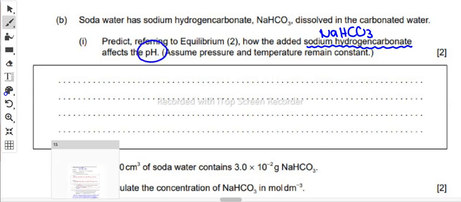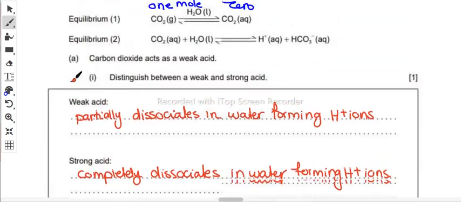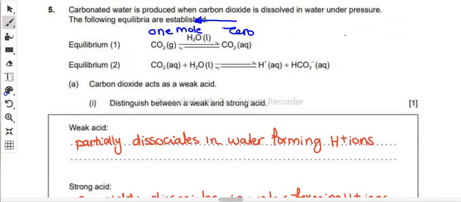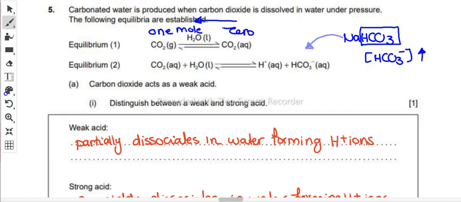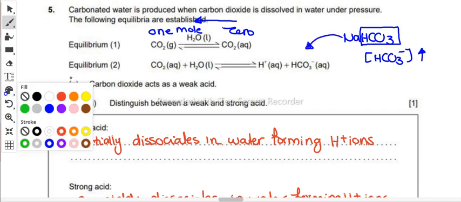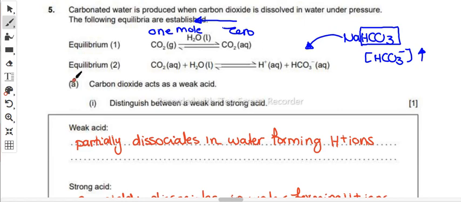So let's go back to the balanced chemical equilibrium, which is equilibrium number 2. So I want to add NaHCO3. You're going to find that the common ion is HCO3. So the concentration of HCO3 negative will increase. We are referring to this balanced chemical equation, which is equilibrium number 2. So what will happen? If you add NaHCO3, the concentration of HCO3 negative increases, so the equilibrium will shift to the left.